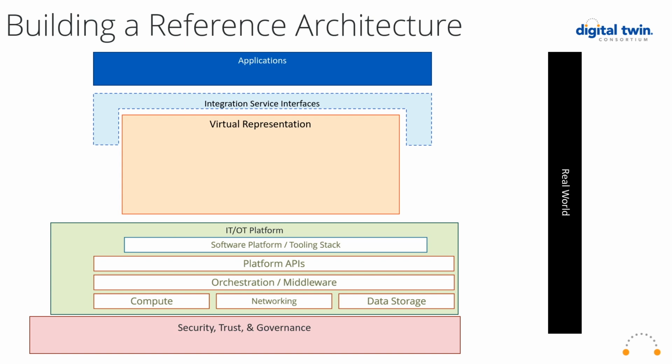If you're in the world of fluid dynamics, you will have quite a complex tooling system there with CFDs. It could be FEA tools, you name it, probably then running on HPCs. And then there is an interesting gray scale that goes between this IT/OT platform and the software tooling into the virtual representation. And we'll touch on that in a moment.